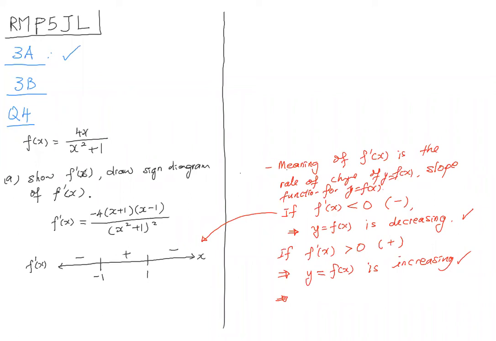Okay. Siti, Andy, Siti Haja. Andy? Yeah. There are another two very important specific values on the sign diagram of f prime x that I must interpret also.